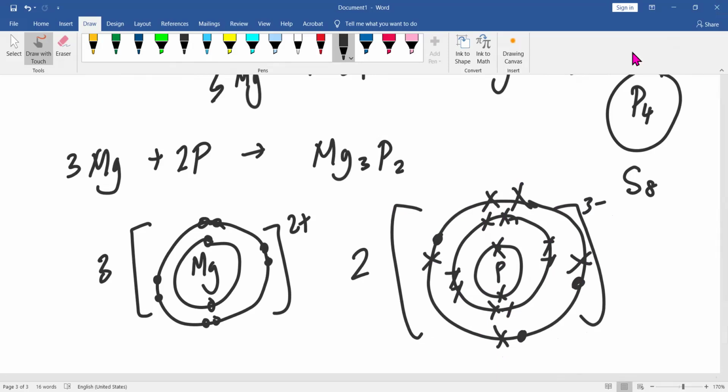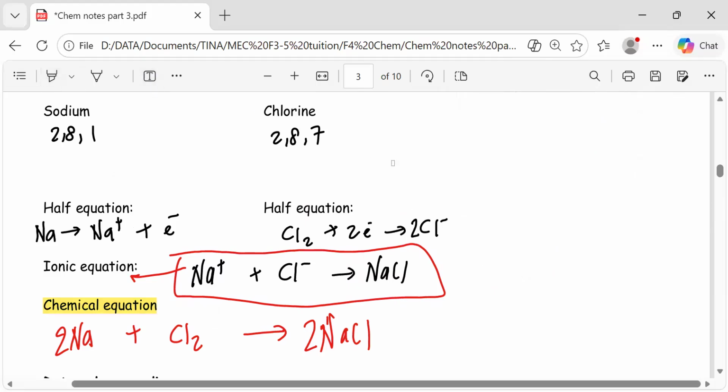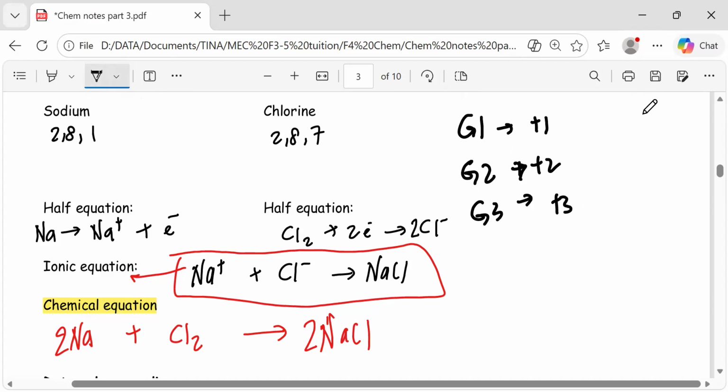So it has to be metal and non-metal. It is only between group 1, group 2, group 3, who become positive 1, positive 2, positive 3, and group 15, sorry, 13, 16, 17, who become negative 3, negative 2, negative 1. So it just mix and match between these.